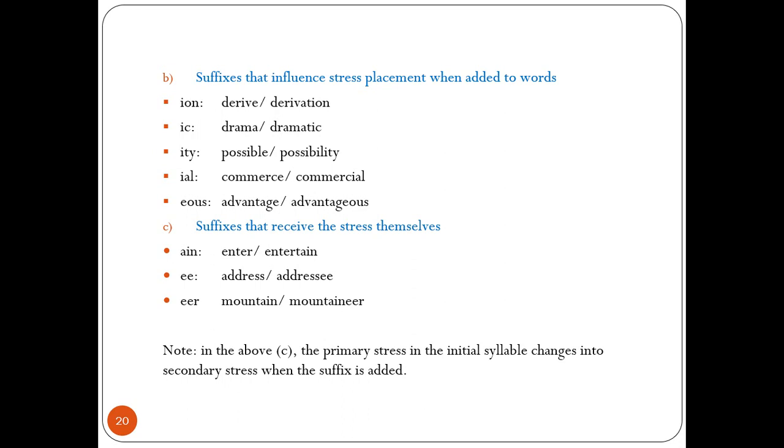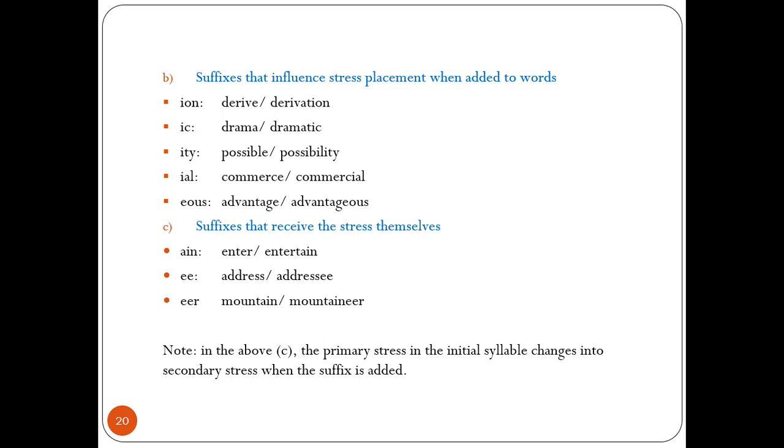So that's why we have entertain, entertain. The last syllable is stressed. This is a type of suffix which becomes part of the stressed syllable. In other words, we have ee, address, and then we have addressee, and we have eer, for example, mountain, okay, mound. Then we have mountaineer.